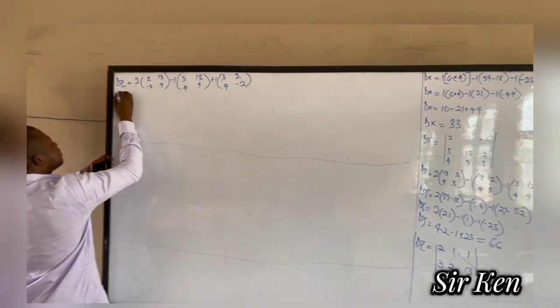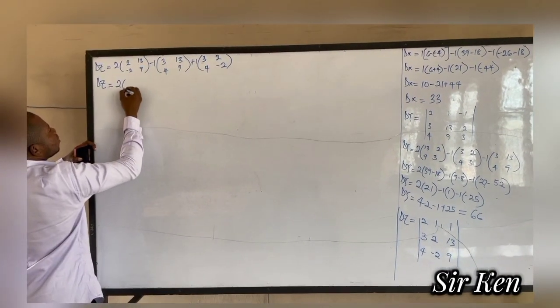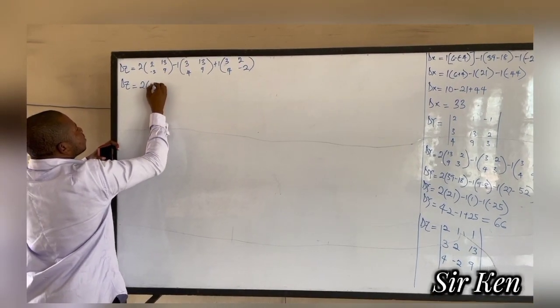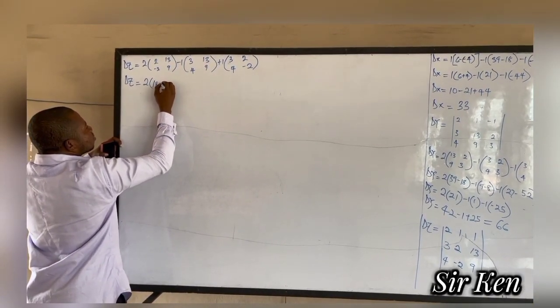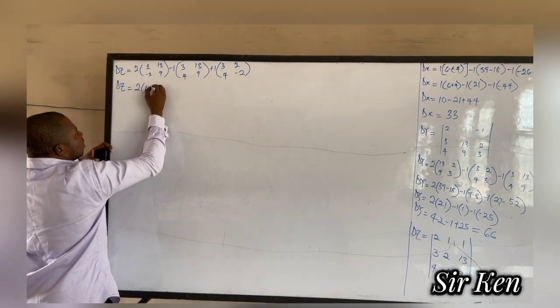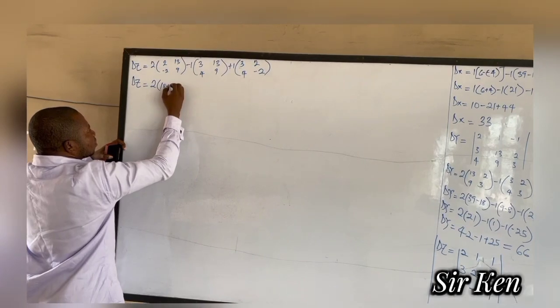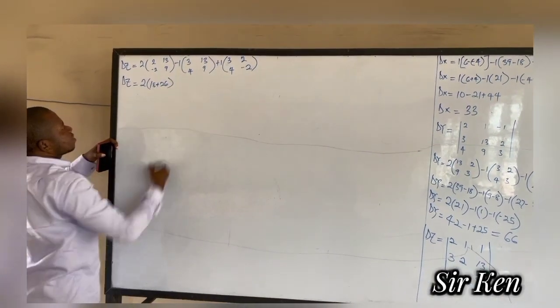So we see dz further becomes 2 into, this time is 18 minus 26. Okay, let me just make it plus already. Minus will give you plus, so that's plus 26.